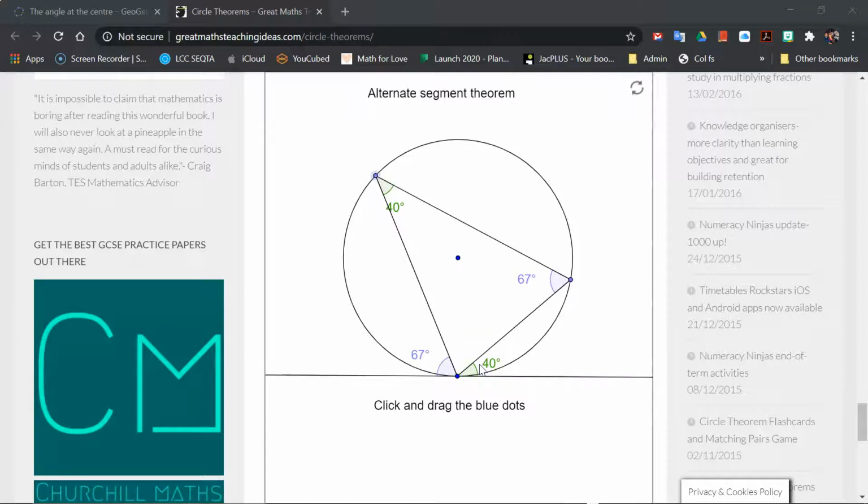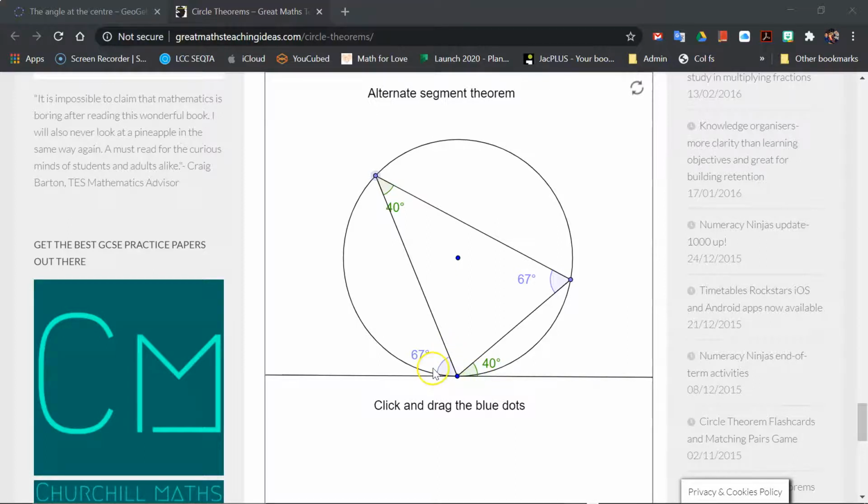I don't really like using the same word to define another one, by a chord. So here we have a tangent, touching one point of a circle and creating an angle of 40 degrees with the chord. Now the angle over here is also 40 degrees, as well as that angle there.